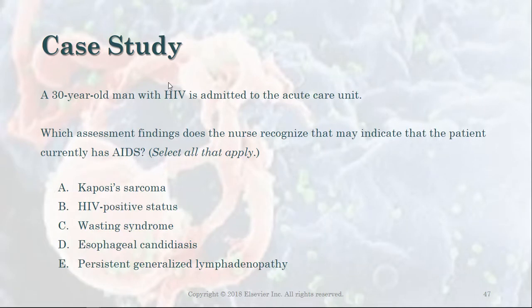Persistent generalized lymphadenopathy, that is not necessarily a characteristic of AIDS. Persistent generalized lymphadenopathy is a characteristic of an HIV infection only.